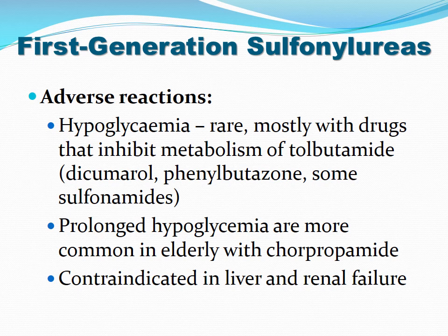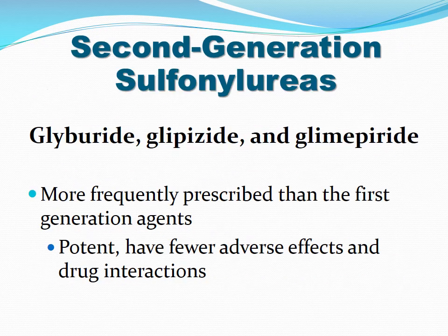Prolonged hypoglycemia is common with chlorpropamide, which is contraindicated in liver and renal failure, as it is metabolized in the liver and excreted by the kidney.